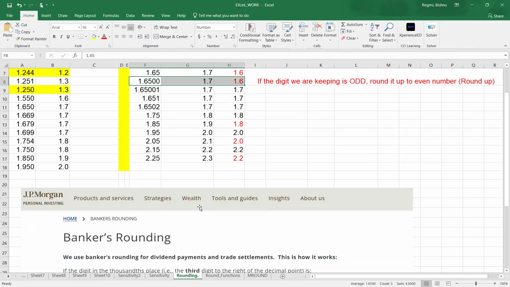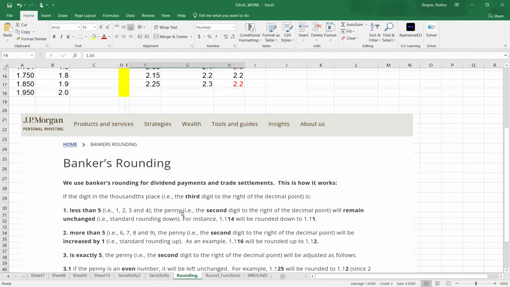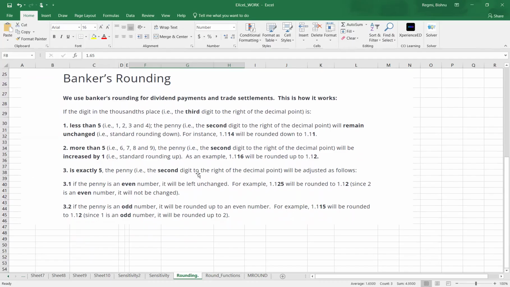So let me show you this screenshot. This is how they round the currency at JP Morgan. So here, they are rounding the pennies and they are looking at the third digit. If the third digit is exactly 5, they will look at the second digit, that is the penny, and if the penny is an even number, it will be left unchanged.